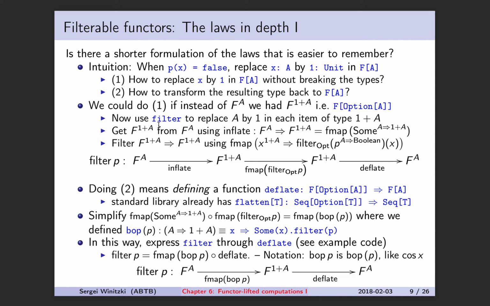That motivates the formulation of the laws in terms of the operation called deflate, which has this type signature. I show that deflate can be defined through filter, and filter can be defined through deflate, where the BOP is an auxiliary function that converts a Boolean predicate into a function of this type.